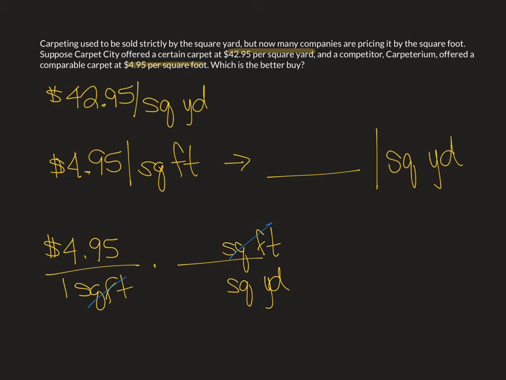We know also that 1 square yard is equivalent to 9 square feet. Now that we have our unit fraction set up, we've canceled those units, we can just multiply straight across. So remember, you're going to just do your 4.95 times 9, and then that's going to be 1 times 1.